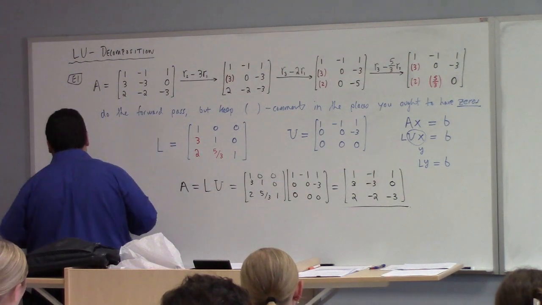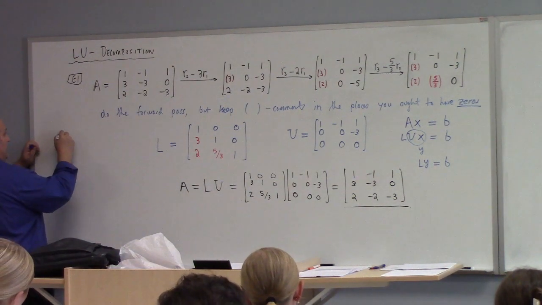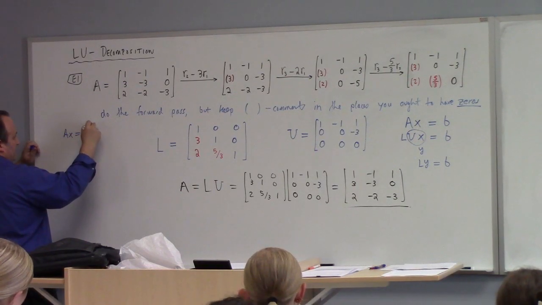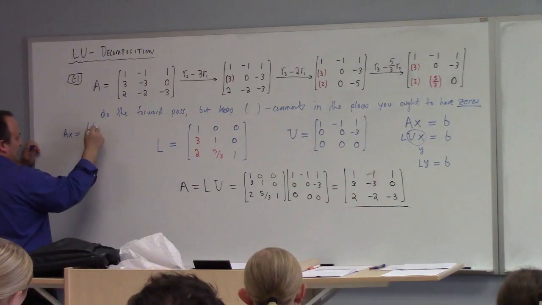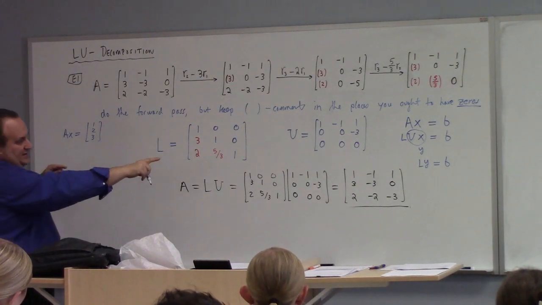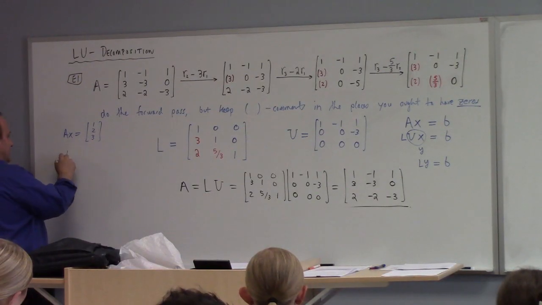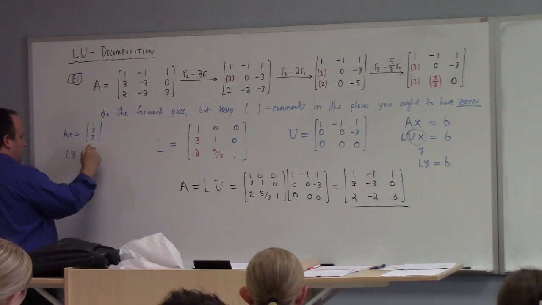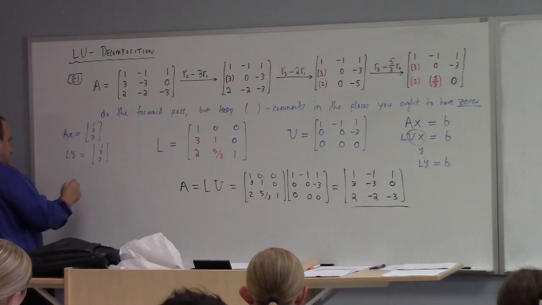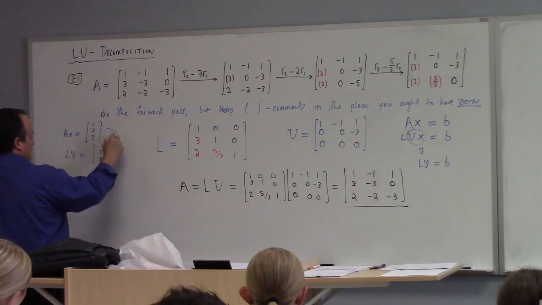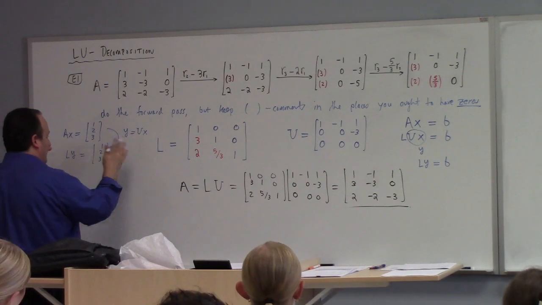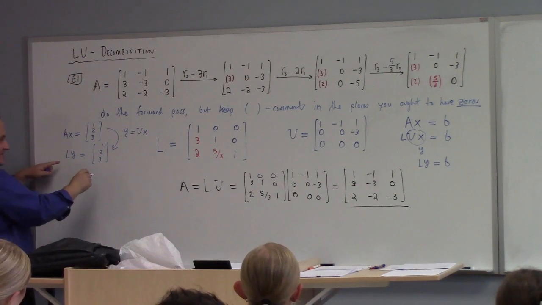Like for this one, for instance, if I was solving AX equals, let's say, 1, 2, 3, just for the sake of example, I could instead solve LY equals 1, 2, 3, all right? But what is LY? Y is equal to UX, right? Making that substitution.